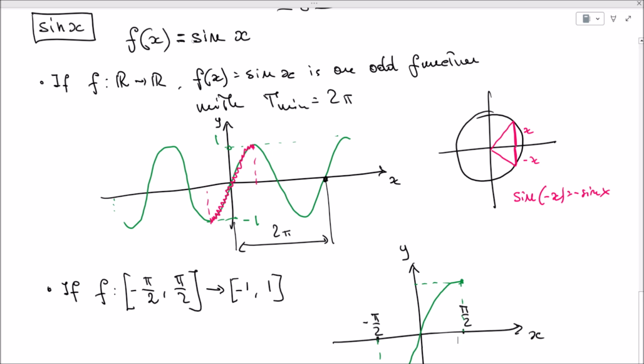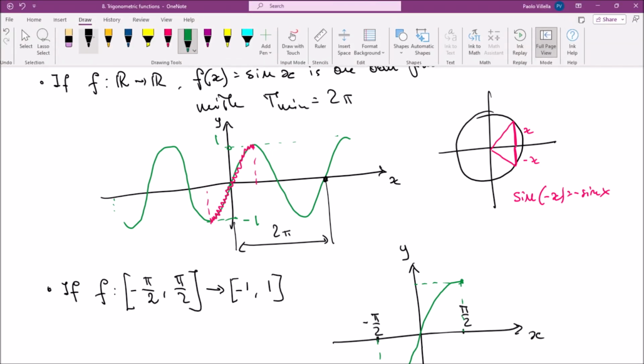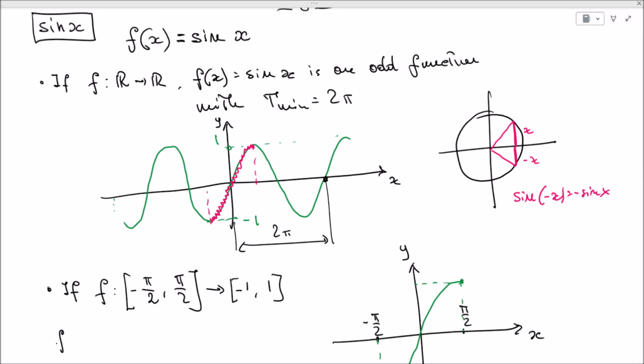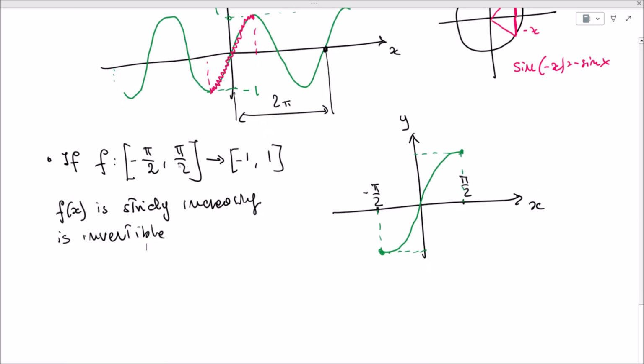And why is it invertible? Well, it is invertible because the function f of x is strictly increasing and is invertible, and the inverse function is the following.